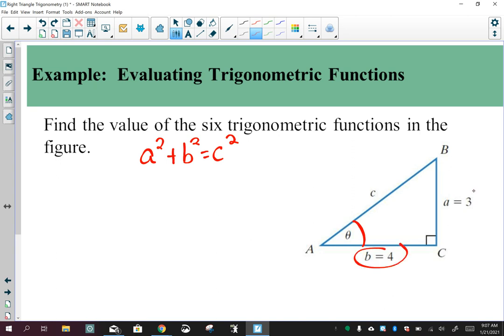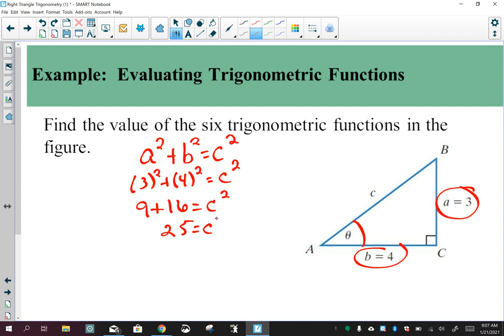They gave me b and they gave me a, so I have 3 squared plus 4 squared equals c squared. So we have 9 plus 16 is equal to c squared. So 25 is equal to c squared, which means that my c is going to be equal to 5.